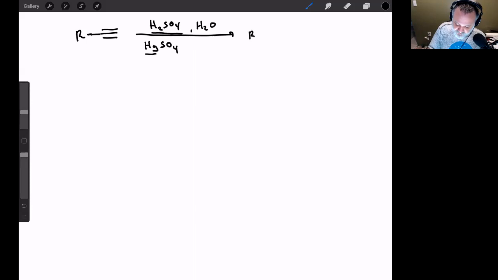What's different is the product is not an alkene. The product is a ketone. There is an intermediate enol that forms that is perfectly analogous to the Markovnikov hydration.